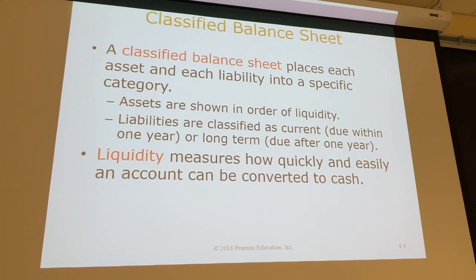So the asset account that we will always list first will be cash, and the other accounts will be listed after that in order of liquidity. The liability accounts will be broken down between those that are current, which means they're due within 1 year, and those that are long-term, which means they're due more than 1 year out in time.